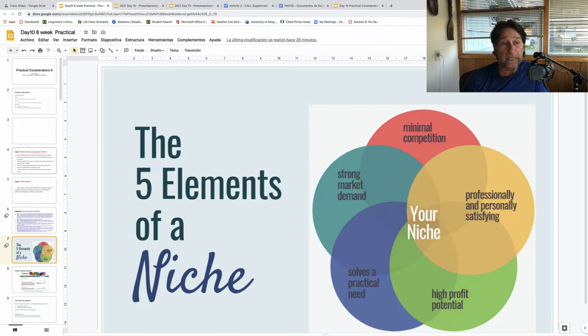So developing a niche area within your language teaching distinguishes you from other people. There's all kinds of different niches. And in fact, when we talk about professional development in one of the later chapters of this class, we'll look at opportunities you have for developing a specialty area within CAL.